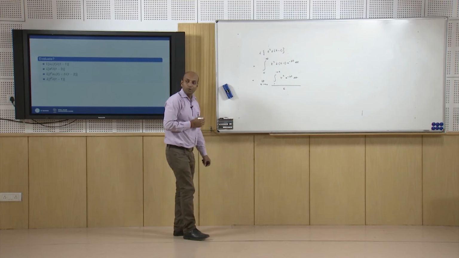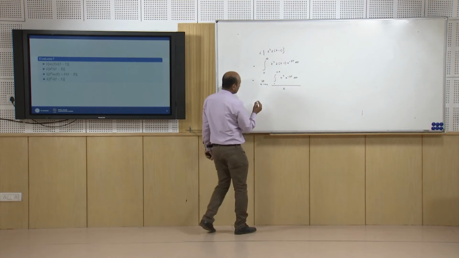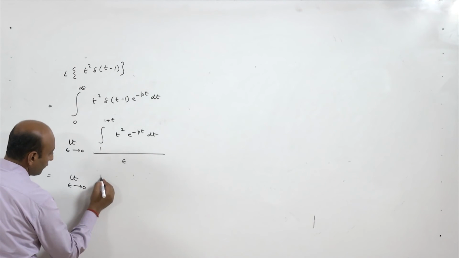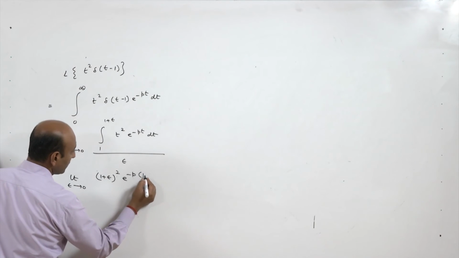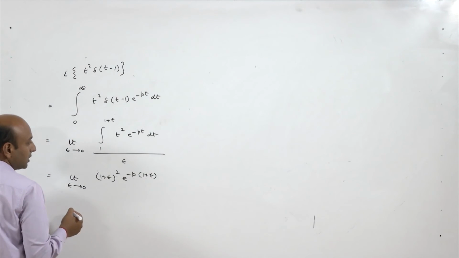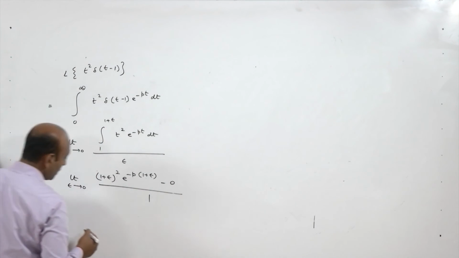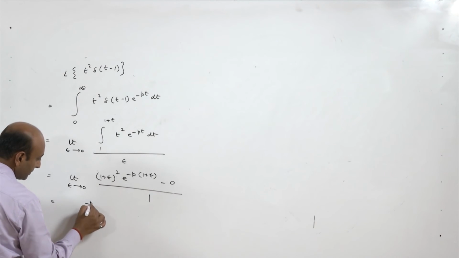Now, it is 0 by 0 form. So, you can directly apply L'Hospital rule to simplify this. So, this is nothing but limit epsilon tend to 0 (1 plus epsilon) whole square e power minus p into (1 plus epsilon), minus 0 upon 1, and when you take epsilon tend to 0, it is nothing but e power minus p.